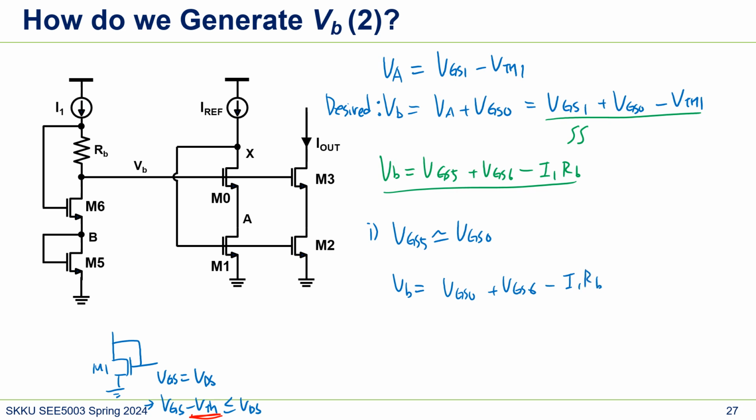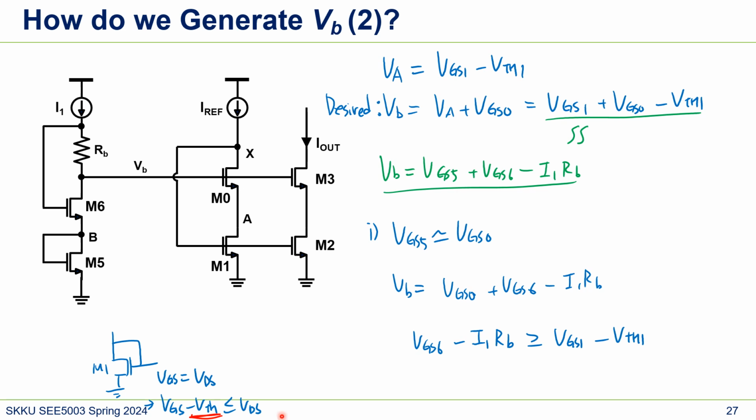So we need to compare these two again. Then it gives VGS1 minus VTH1 should be close to, well, actually our condition will be VGS6 minus I1RB should be larger than this part, VGS1 minus VTH1.